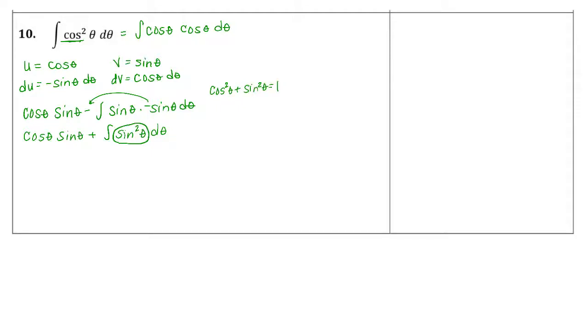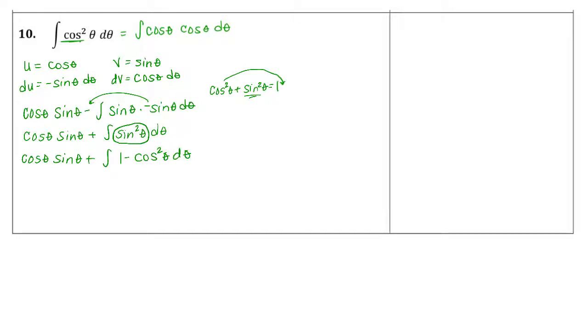And so I'm going to rearrange this and solve for sine squared. So I'm going to subtract our cosine squared over. And this is where we're going to start seeing some strange things happen with this. So again, we're bringing down our cosine theta, sine theta, and then we're going to have plus the integral of 1 minus cosine squared theta d theta.